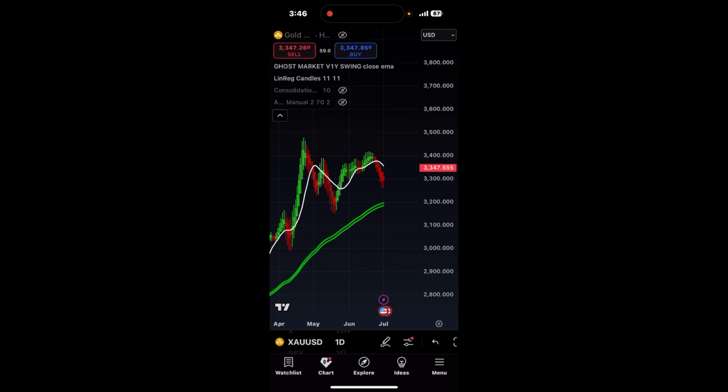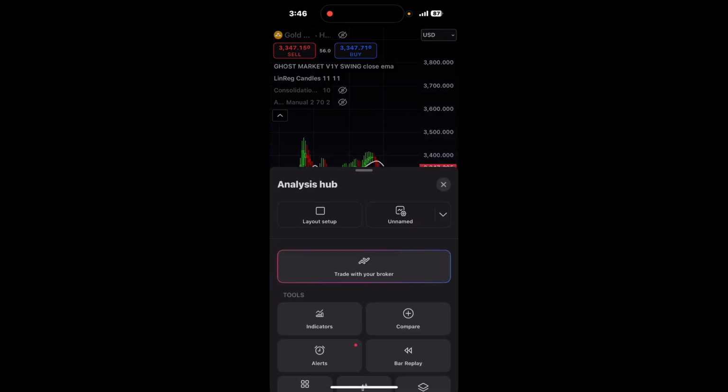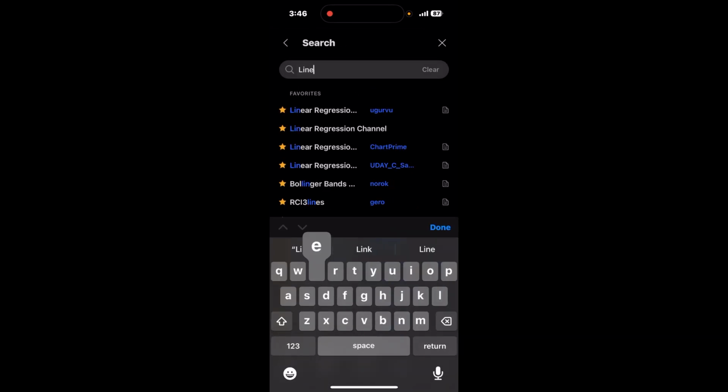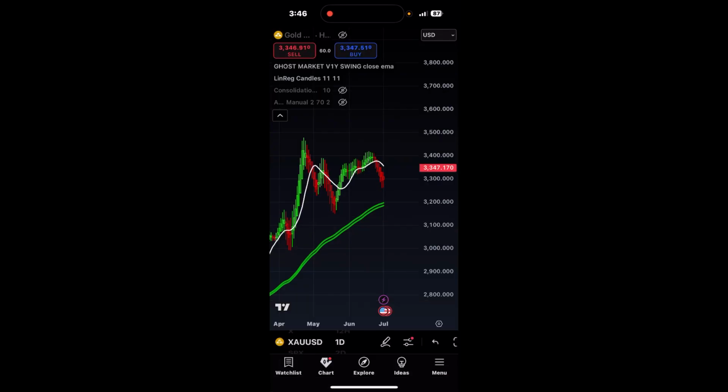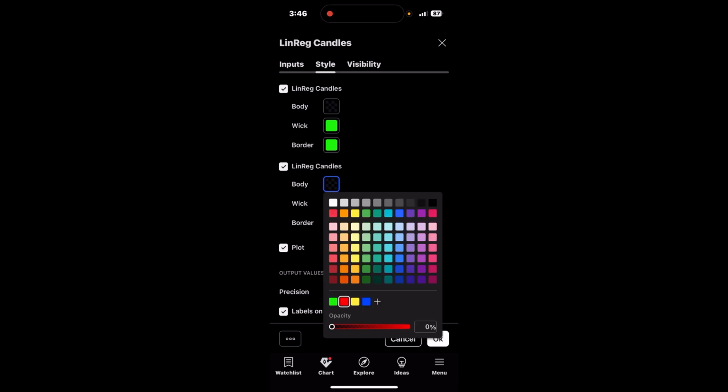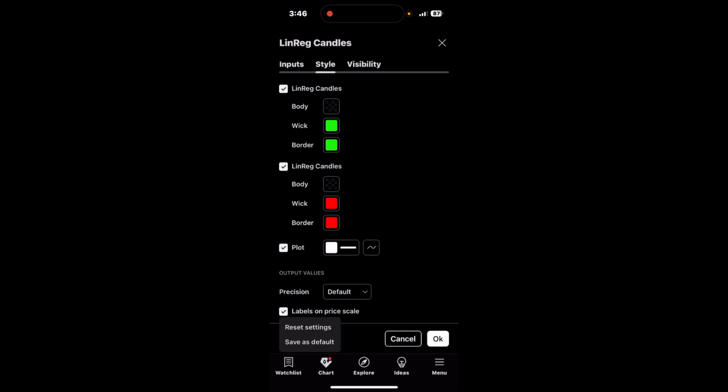The second indicator that we're going to be putting in is the linear regression candles. What you do here is go to your linear regression, it's by UGURVU. Once you have that set, I make the plot line a little bit thicker, and you can also bring out the opacity.